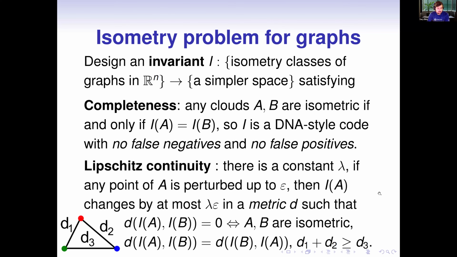And then we also want this invariant to work in a Lipschitz continuous way. Basically, if there is, in some sense, a small change in the graph, then it will correlate to a small change in this simpler space. It does this transformation in a smooth way.